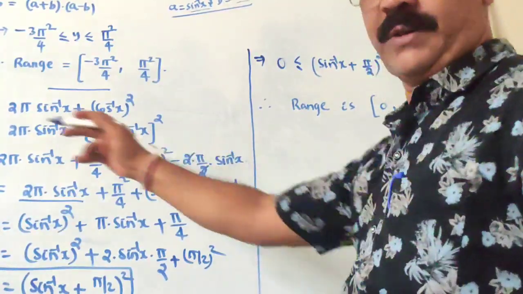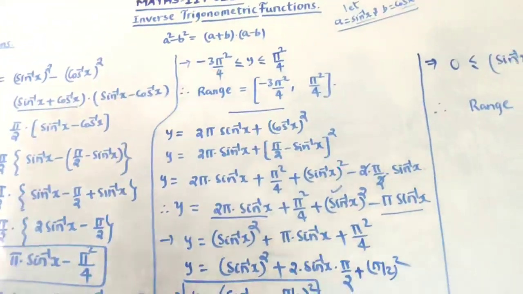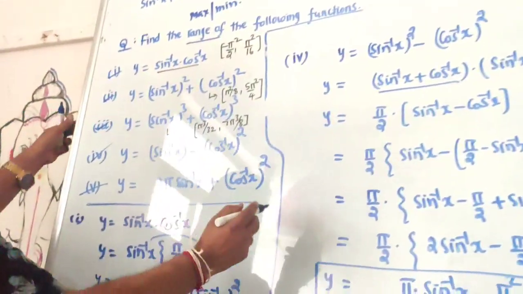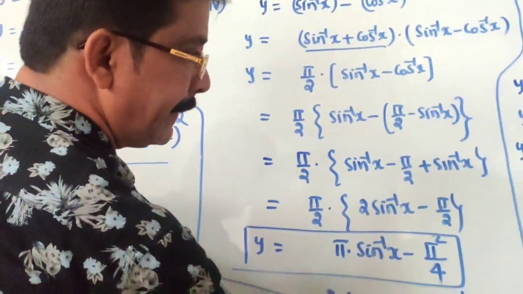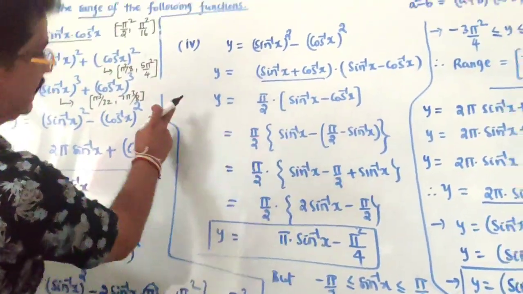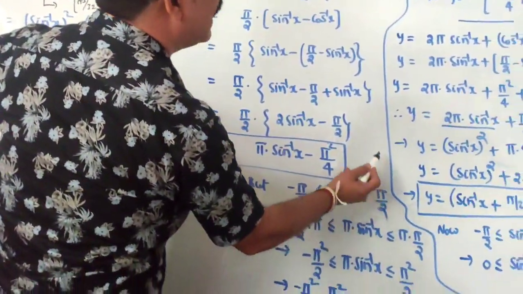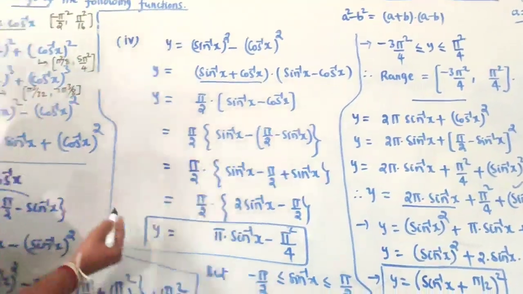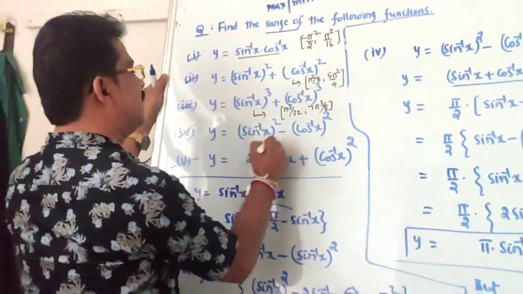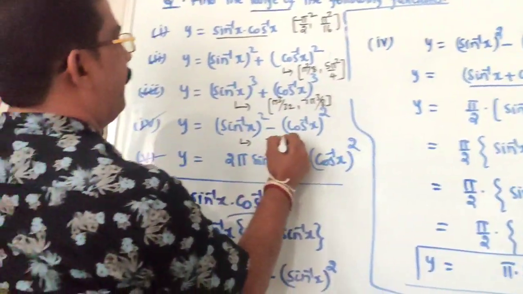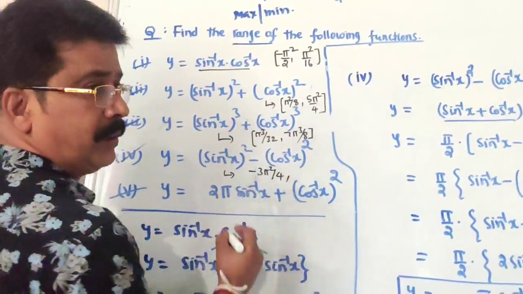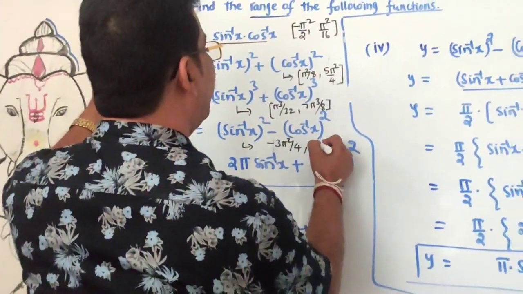So therefore, you come here. For the fourth question the range is minus 3 pi square by 4 comma pi square by 4.